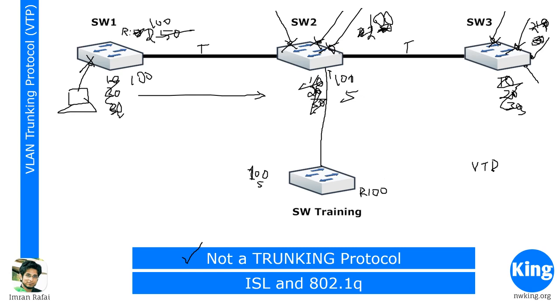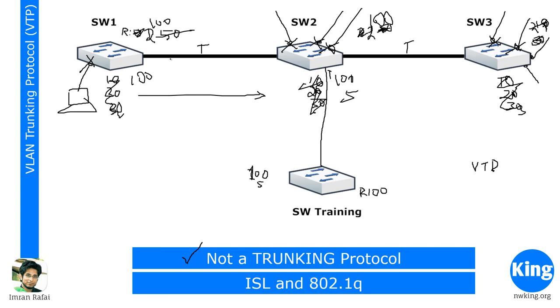If switch 1, switch 2, and switch 3 have the VTP domain networking.org, and switch 1 does not have the same domain, it will not replicate. So as a prevention, you have some safety mechanisms: only if those domains match will the replication take place. But still Cisco recommends not to use it, right?